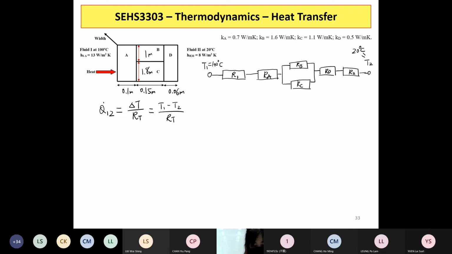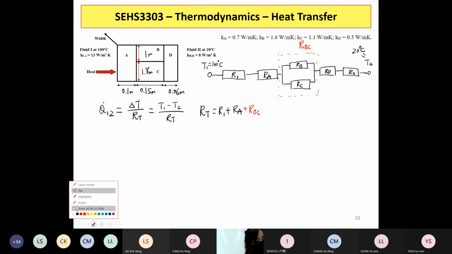So RT here equals R1 plus RA, plus the parallel arrangement of B and C, which should equal a resistor RBC, plus RD and R2.